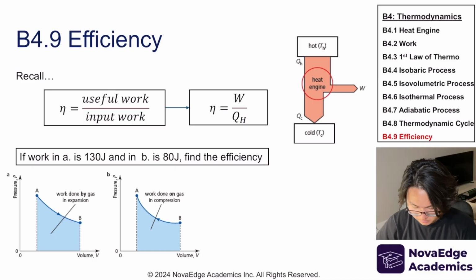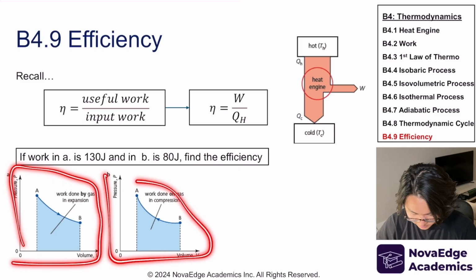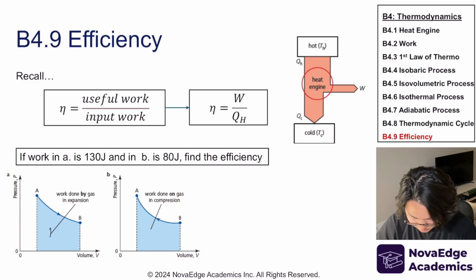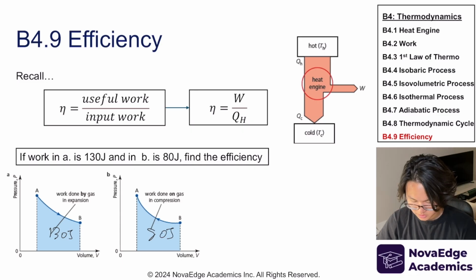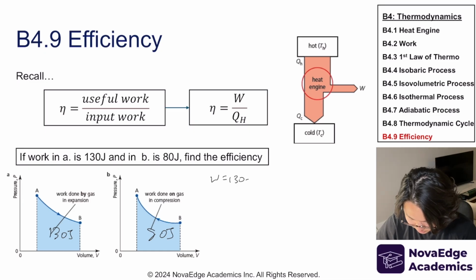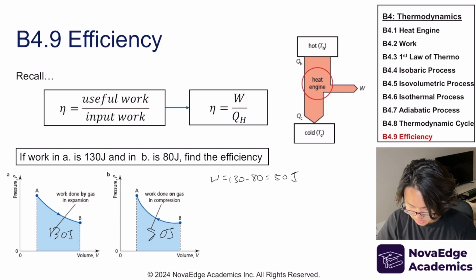So as an example, you have this graph and this graph, right? If work in A is 130 and work in B is 80, find the efficiency. Okay, so first I need to find the work being done. The net work is 130 minus 80, which is 50 joules. Okay, so that's the net work. How much I put in as heat, by the way, this is in combustion, right?